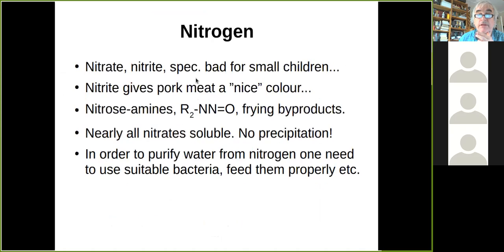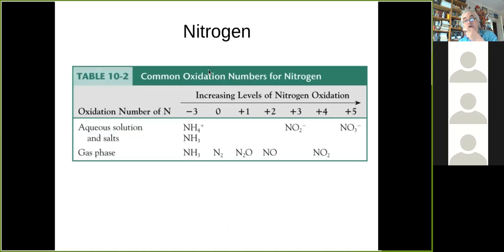I think we have the table of nitrogen here. The level of nitrogen oxidation, that is the oxidation number essentially, is maximum here in the nitrate ion, +5. It can't be more, since nitrogen is in column 5 of the main groups in the periodic table.